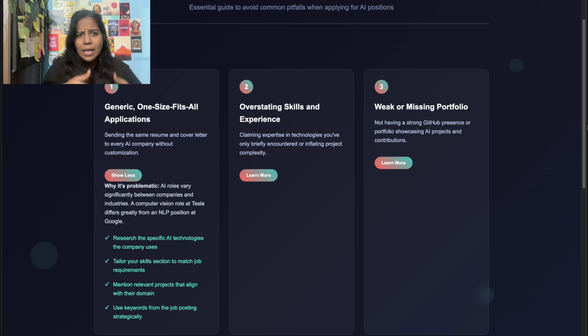So you just apply directly, thinking that it is all the same, and the key points that you share, the projects that you worked on, it is not like that. You need to modify your resume based on the job description that you are applying for. If you got a call from any consultant or anybody hiring from HR, that is fine.